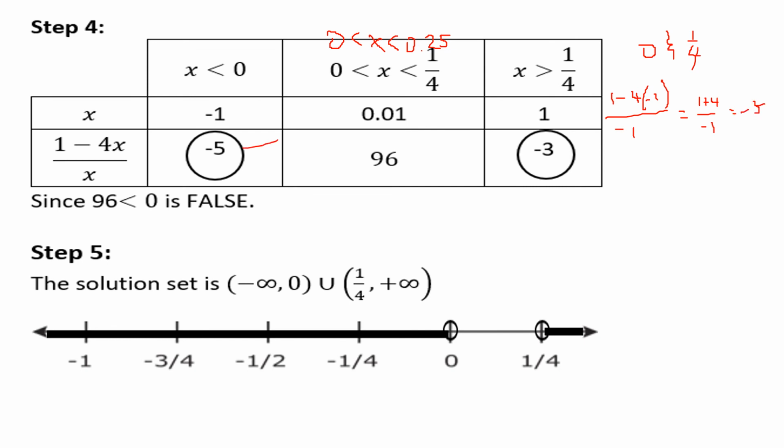Next is 1 minus 4 times 0.01 all over 0.01. Simplifying this, you can use your calculator if you want. So you have 96. Next, substitute 1 minus 4 times +1 all over +1. So the answer here is -3.